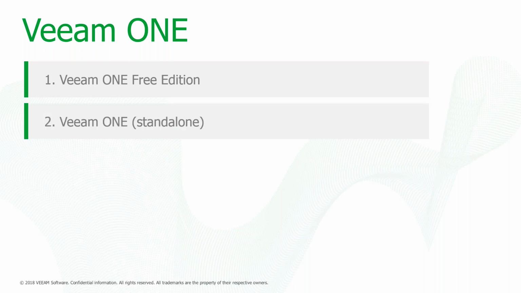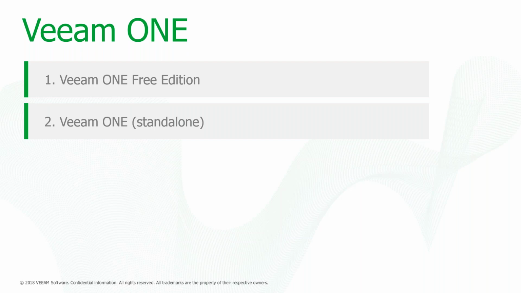There are a number of ways that you can experience Veeam ONE. The first is Veeam ONE Free Edition. If you're not familiar with Veeam ONE, you can use the Free Edition. Obviously this is a stripped down version of the main standalone product, but it will give you an idea of what's possible. There is also a 30-day trial of the fully functional Veeam ONE, which I will refer to as Veeam ONE standalone.